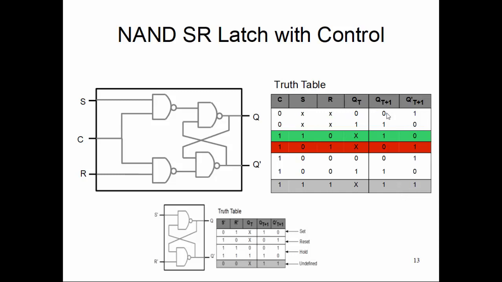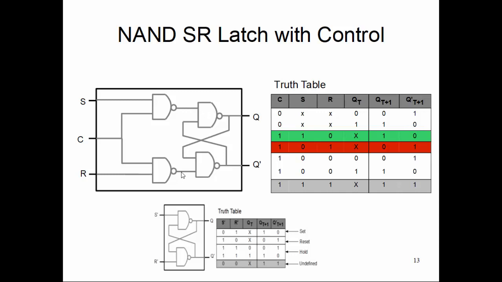Means internally what happens to this S bar R bar latch? For C equals 0, the primary inputs of this internal S bar R bar latch become 1 and 1. And look at the truth table of the S bar R bar latch. 1 1 is my hold configuration.